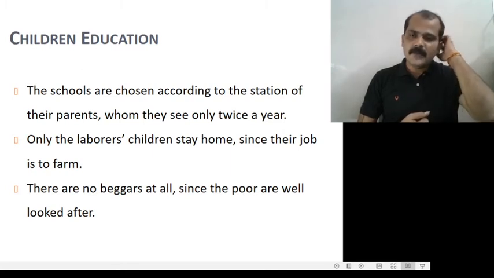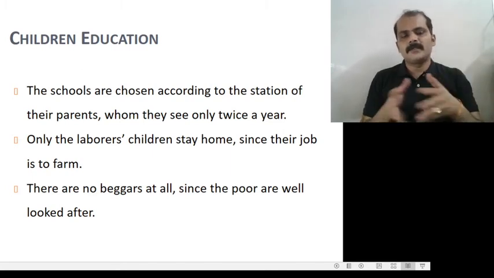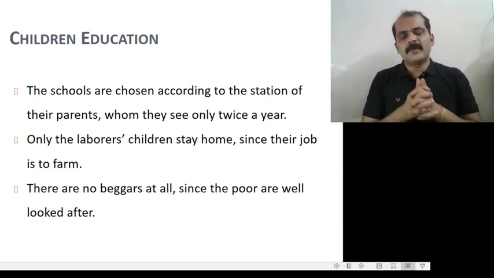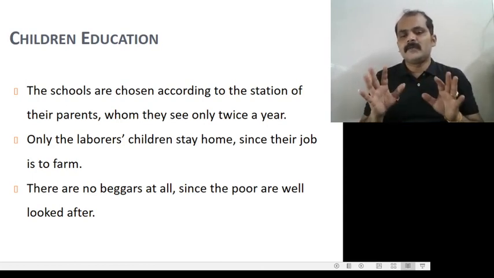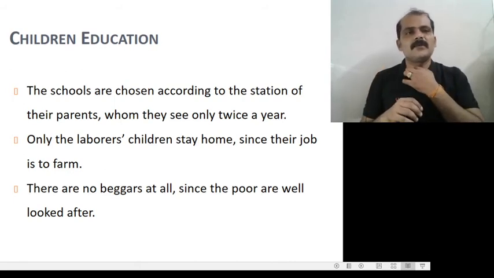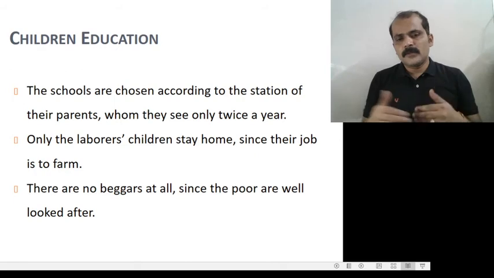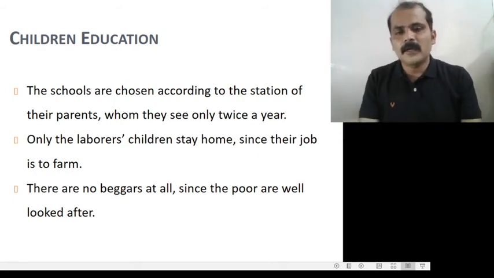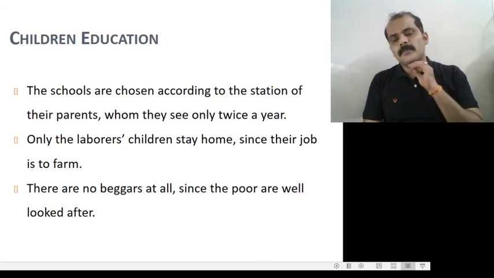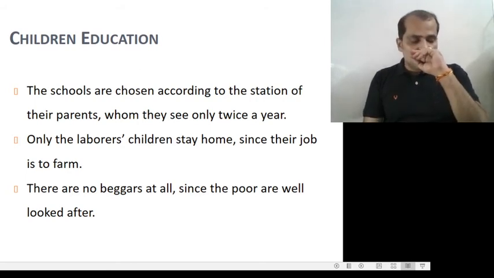But the schools are chosen according to the parents' station, meaning their location. Parents are allowed to see their children only twice a year. Only the laborers' children stay home, since their job is to farm. Farming is their job, so they are allowed to stay home.